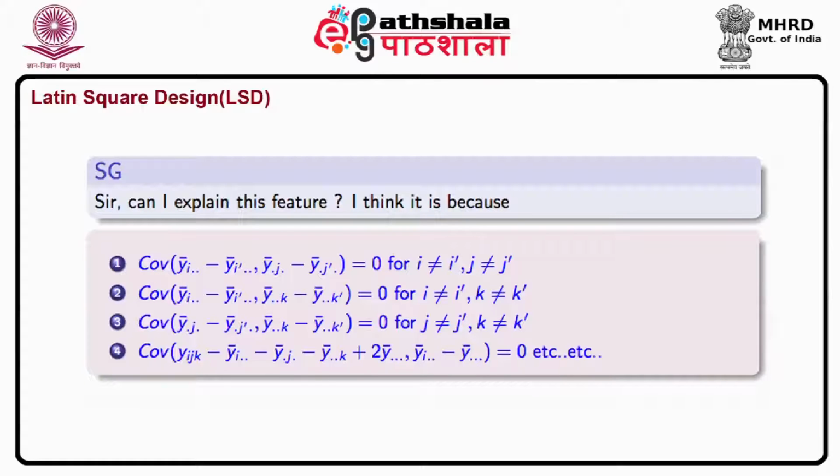What we are saying is that in this model, the difference of the treatment effects is estimated by the corresponding difference of the sample means. The difference of block effects, again row effects, is obtained by the difference of the corresponding row effect means. Similarly for the columns. And if we look at the structure of correlation among them, we find that all pairwise differences are mutually orthogonal, in the sense that all covariances are 0. Yes, that is what is happening.